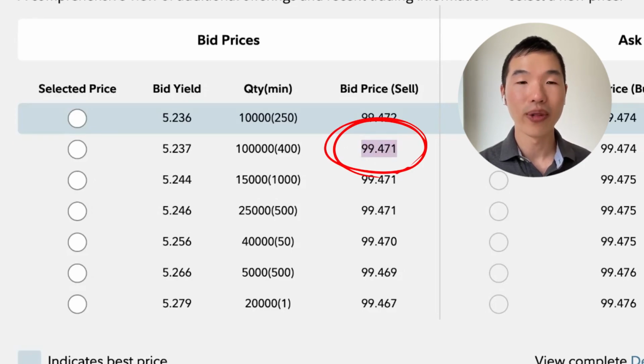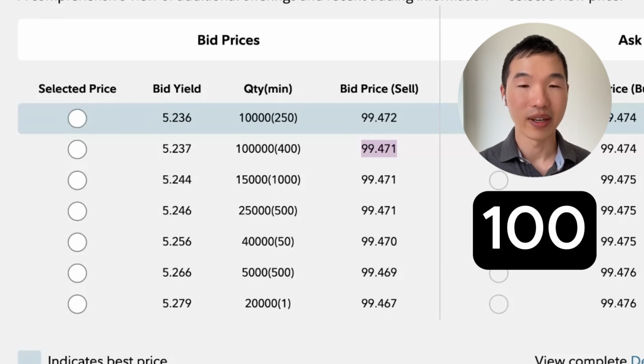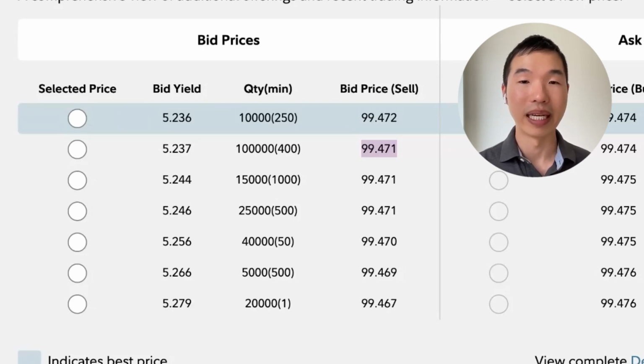So remember, if we hold this bond to maturity, which is a month and a half on October 10th, we actually receive 100 cents on the dollar. So here, because we're potentially selling it a little bit early, whoever buys the bond from us also wants to earn a return, right? So in this case, someone's willing to pay and buy the bond at 99.472.